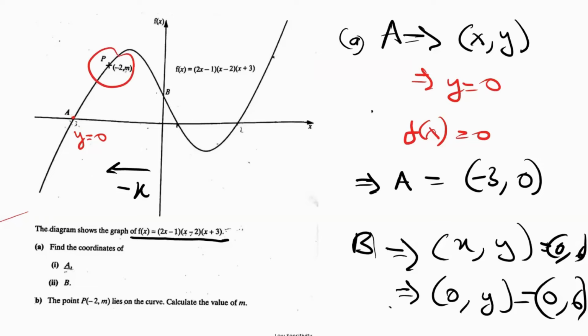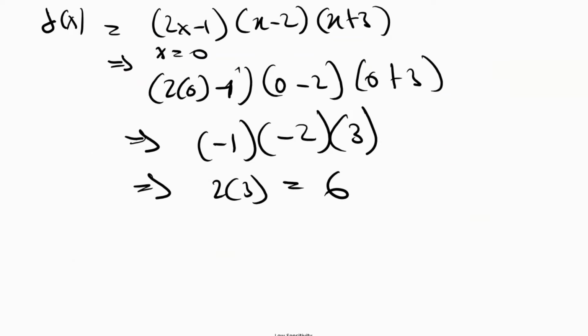So we are given that the value of x is negative 2. So now this is simply plugging negative 2 into f of x. So what we can do is to say, let's plug that into the function.